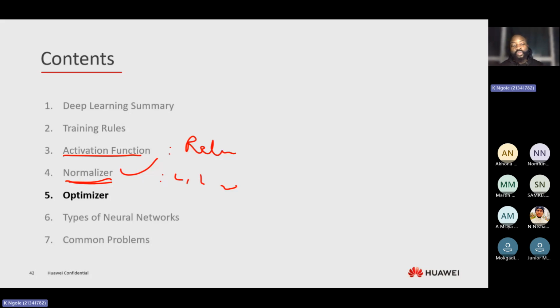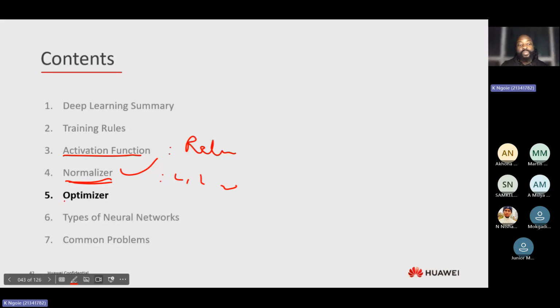Based on what we can do with the network, such as adding data, that is a data expansion, or we can do a dropout, which means we cut down certain parts of the network while we're training, or we can do early stopping, which means we stop training before we get to the last epoch. So we stop training as soon as we have the minimal loss. And then we have the L1 and L2 norms, which we can use to manage the range of our parameters. Okay, so the next one will be optimizers.